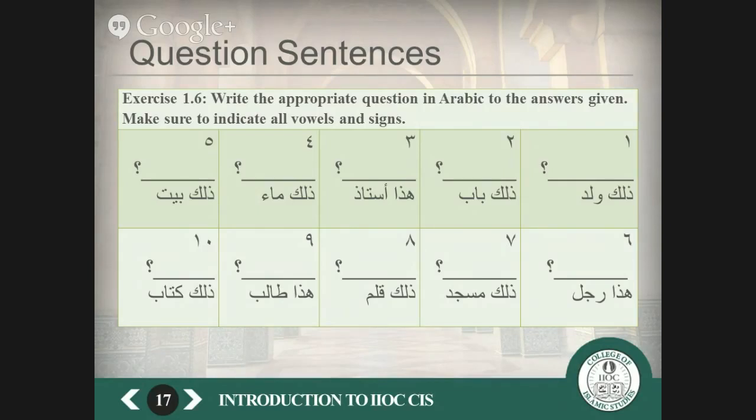What did the person ask? Man dhalika. Who is that? And then the guy answered, dhalika waladun. So the only question that could be correct here is man dhalika. So you're supposed to come up with the correct question to the answer that's already there in the sentence. So you do number 2, 3, and 4 on your own and see if you can get it.